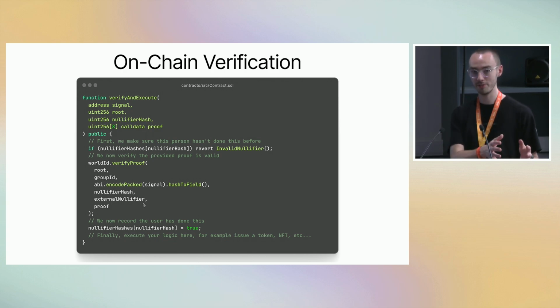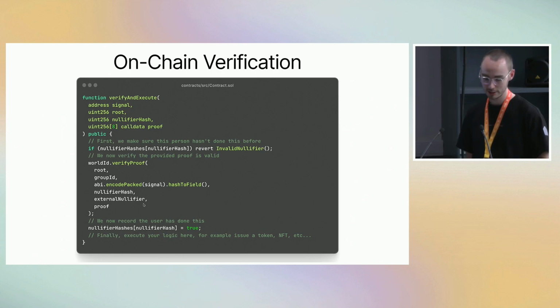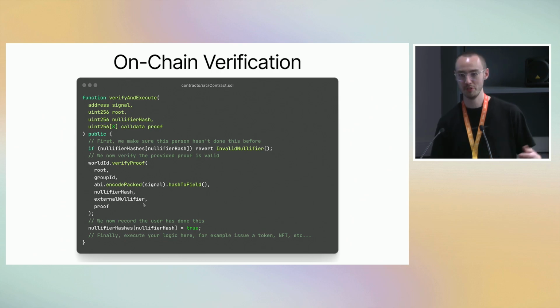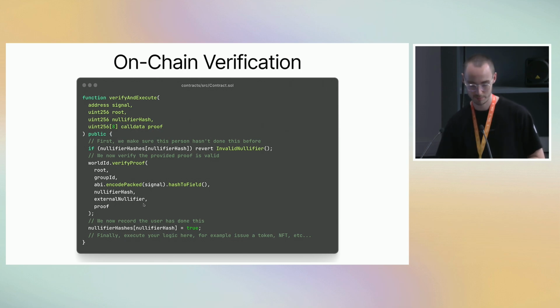We have a mapping of nullifier hashes where, when we use a nullifier hash, we mark it as used. So first we check: have we seen this nullifier hash before? If we have, we know the user's already done this action, so we just revert because we don't want them doing it twice. You could also have that map to an integer, count how many times they've done it, and limit them to doing it 5 times.